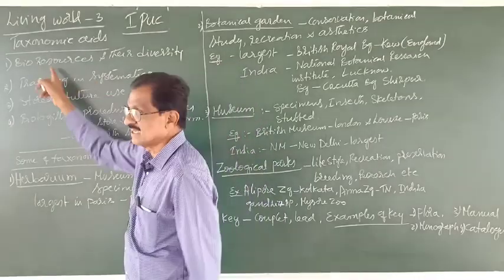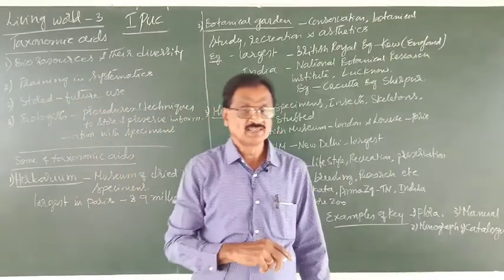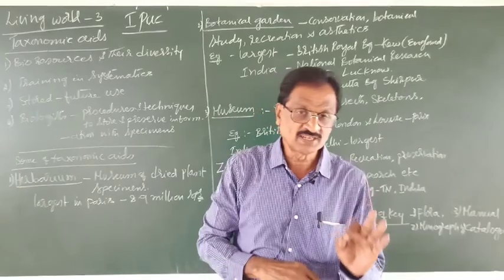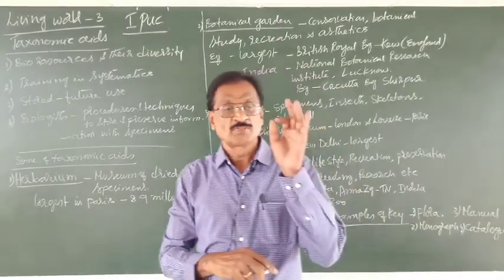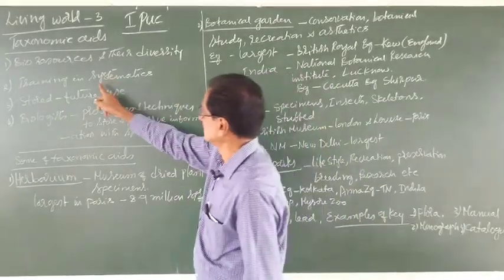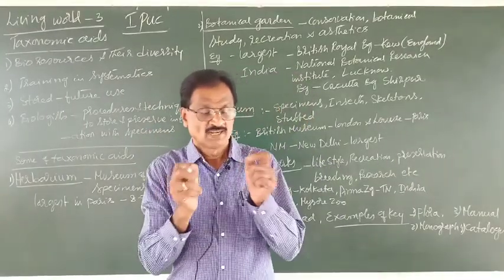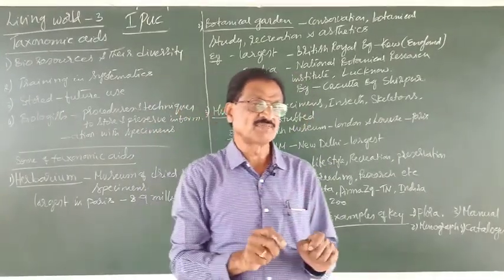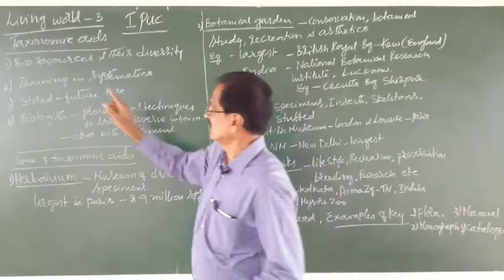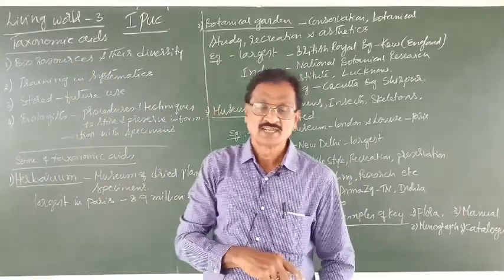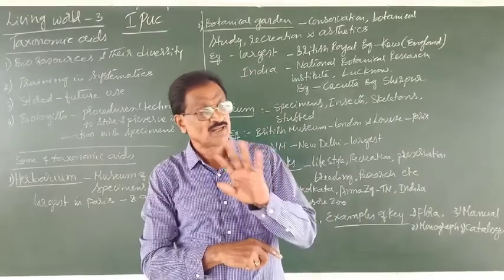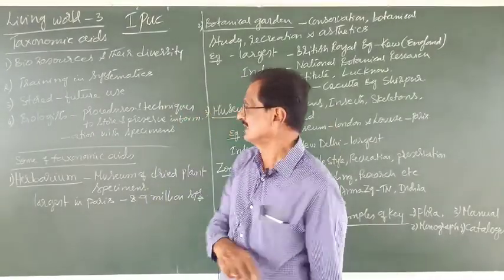And it is even helpful in training any biological student, with reference to systematics, how it is to be done, what may be the significance of it, and what is the advantage of studying taxonomic biology.